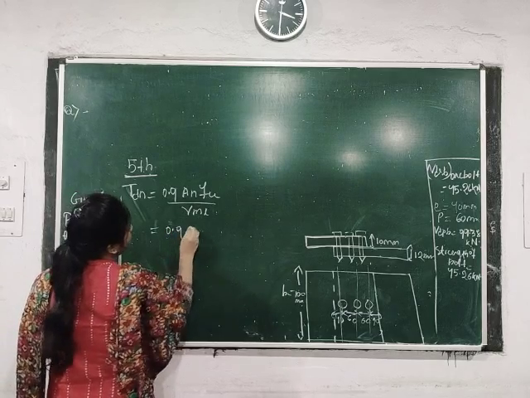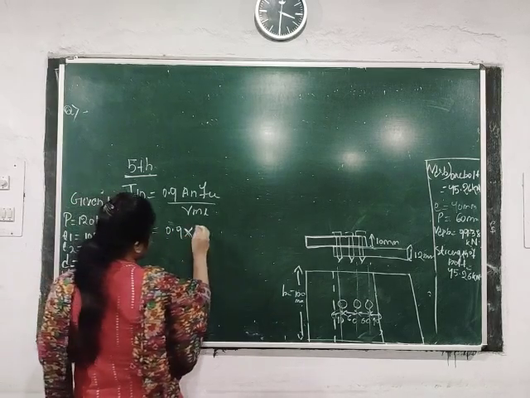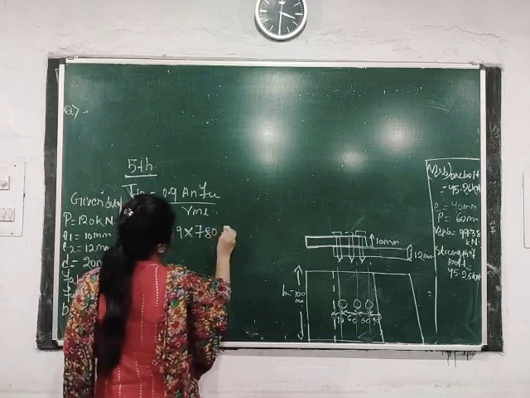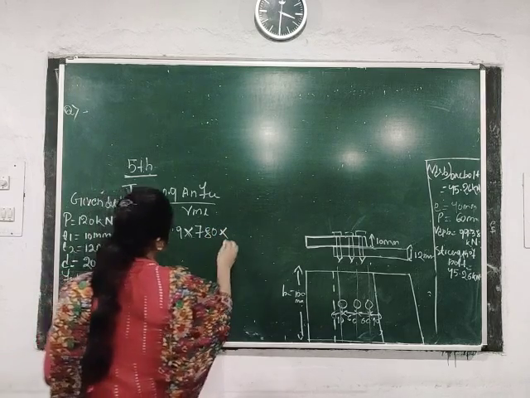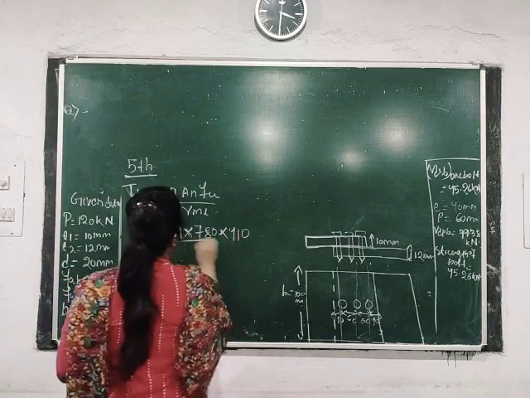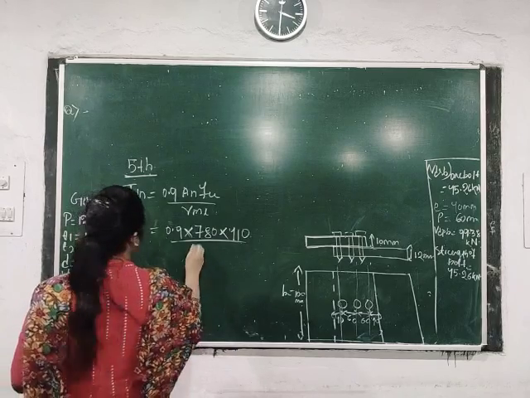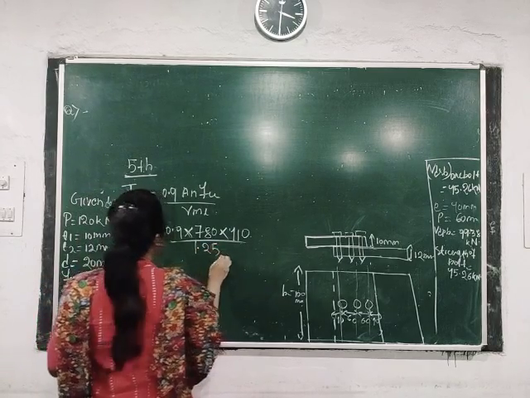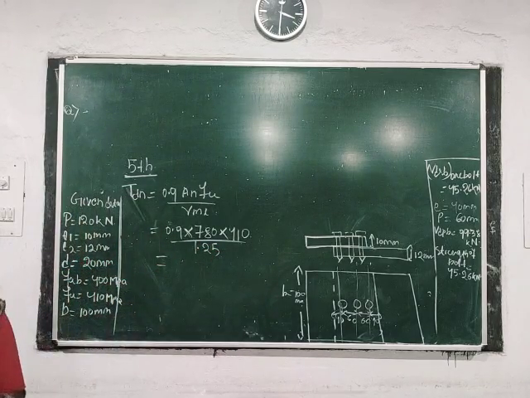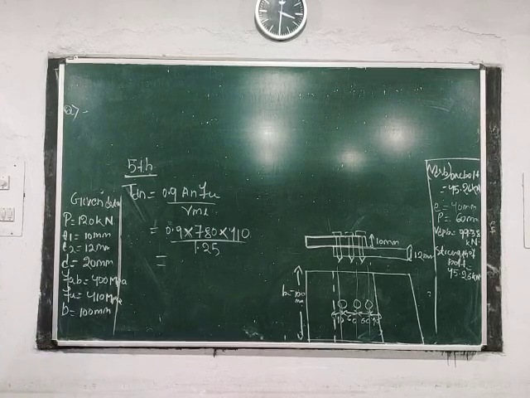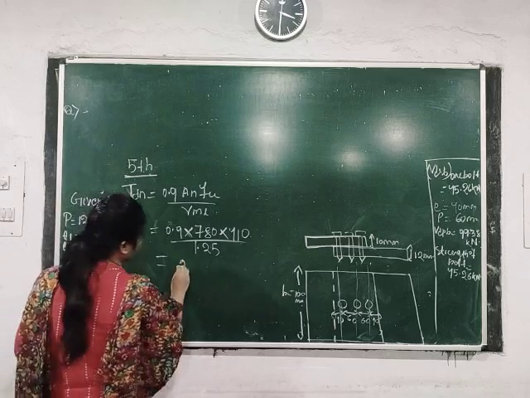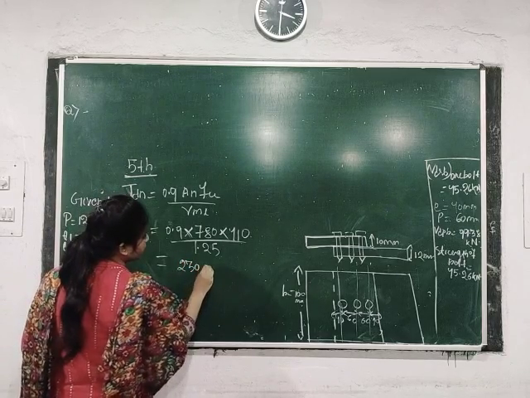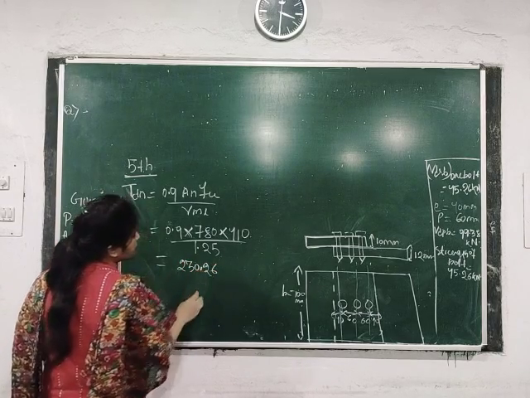So 0.9 An, that value has come 780 mm square, then Fu 410, then gamma ml, that value is 1.25, and this is coming 230.26 kN.